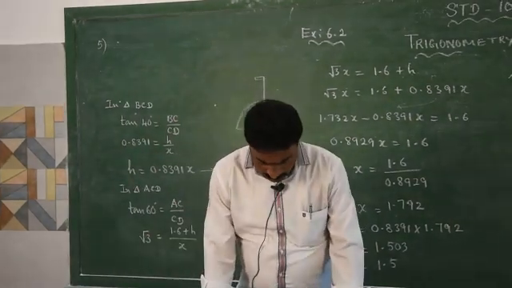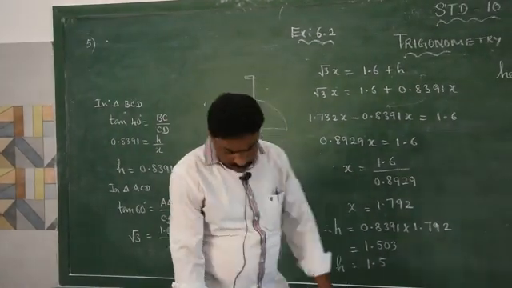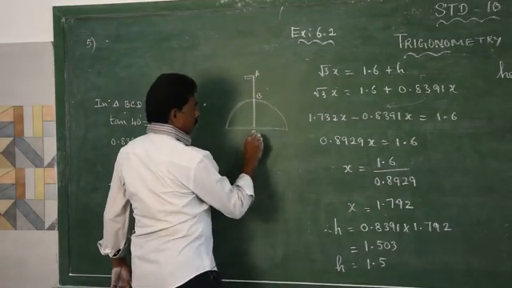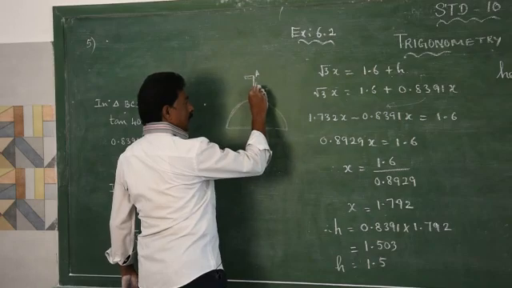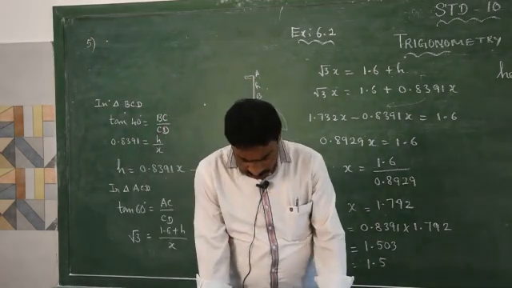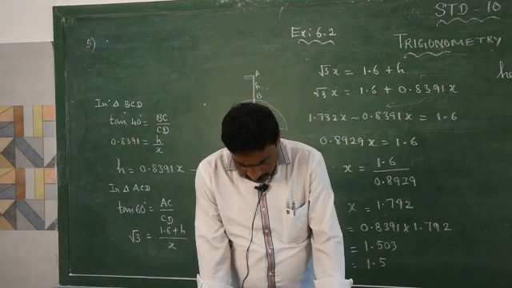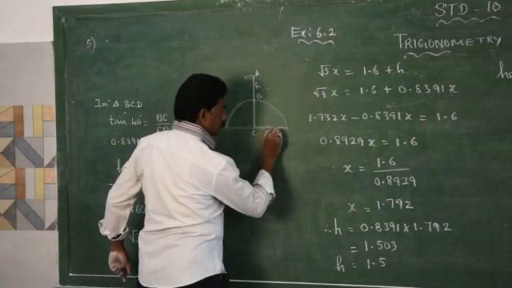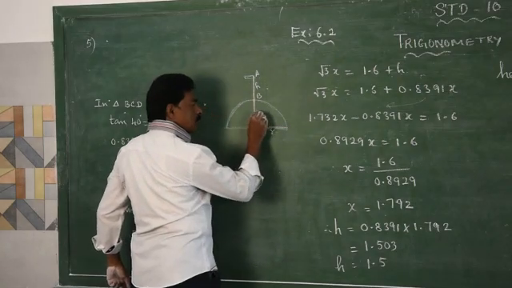What is that? The height of the flagpole is h meter. So A, B, C. So the height of the flagpole is h meter, and the radius is r meter. The radius is r. This is r, which means this also is r.